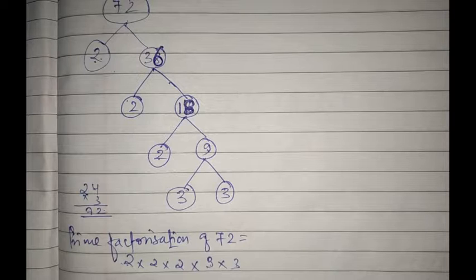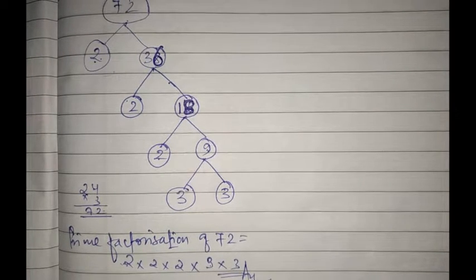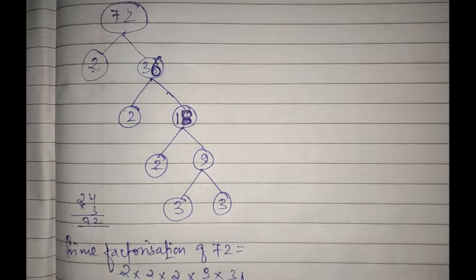Okay, I hope you have understood this. So this is the way to find the prime factorization. Till now, I hope the concept is clear, right?